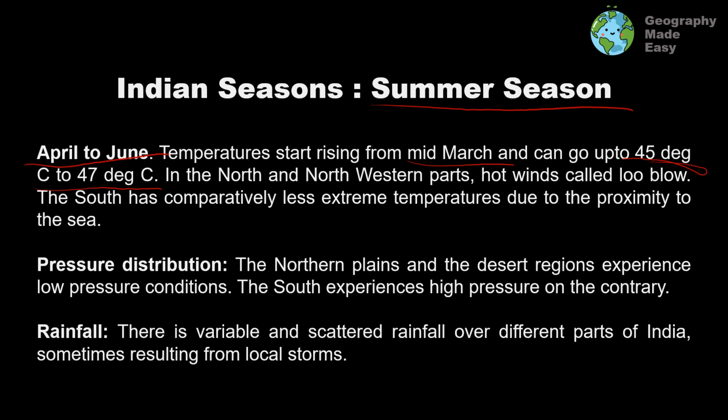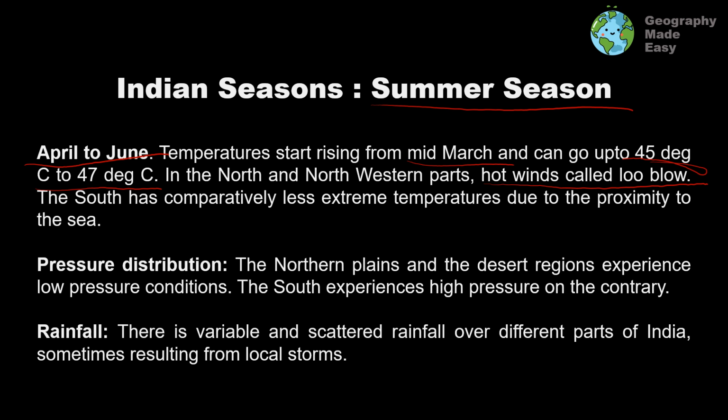In the north and northwest, we have very hot winds called Lu. They blow on a daily basis, and this hot wind does not bring any relief to the countryside. Rather, it makes the heat very oppressive.